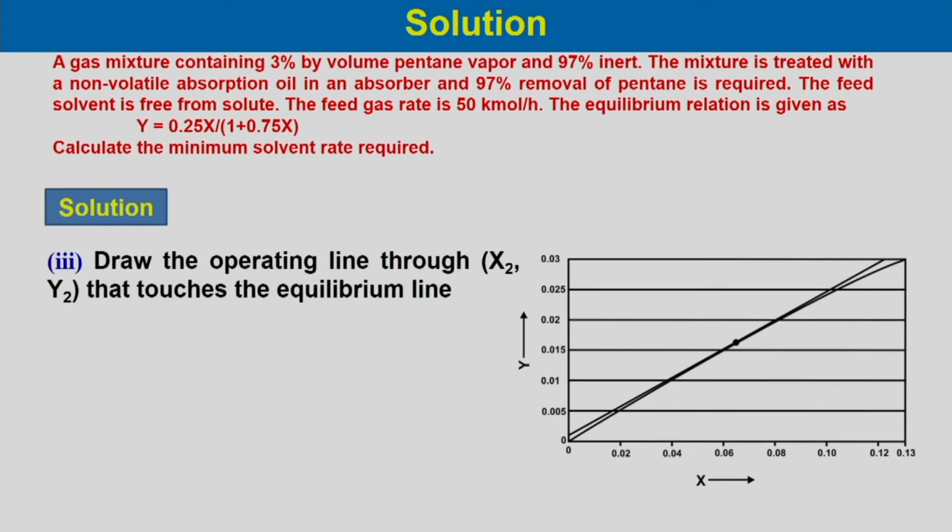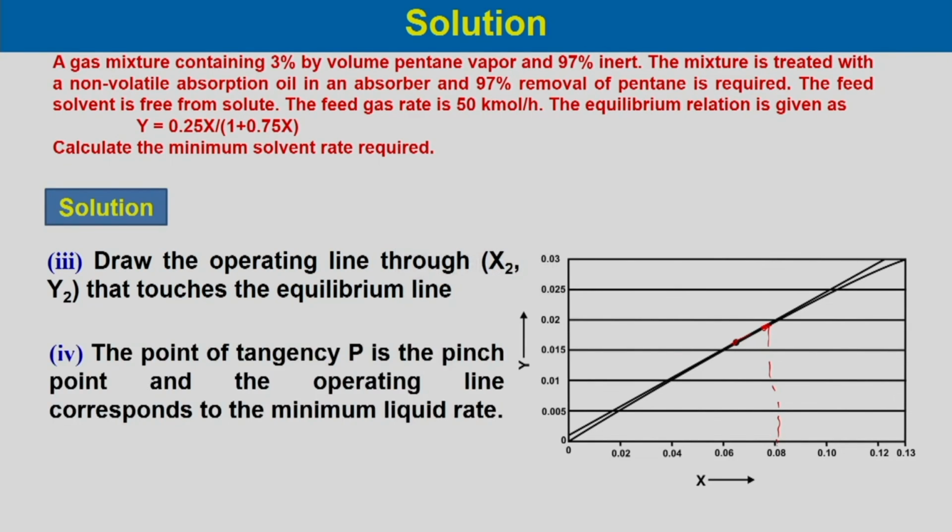Now, draw the operating line from X2 Y2 that touches the equilibrium line. So, it touches somewhere here, not this point. So, it touches somewhere here which is at this point. The point of tangency P is the pinch point and the operating line corresponding to the minimum liquid rate.